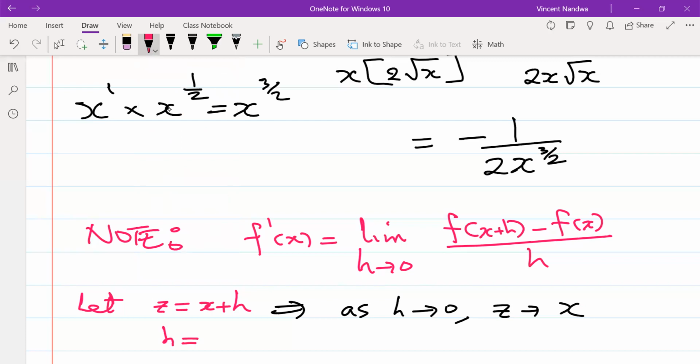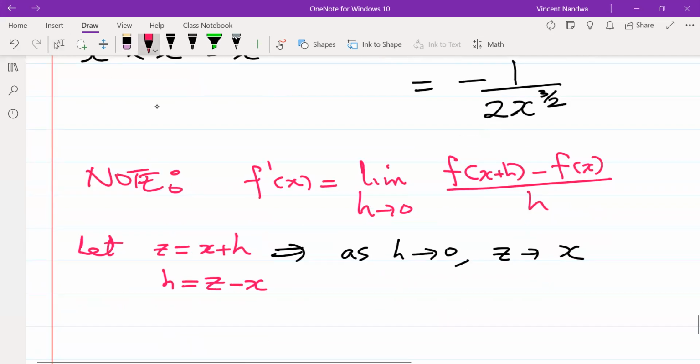If z is x plus h, then h is the same as? Make h the subject. z minus x, okay?